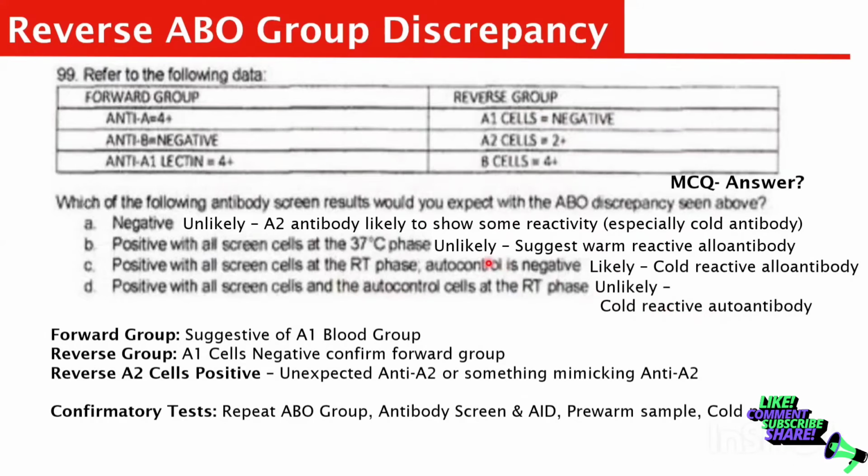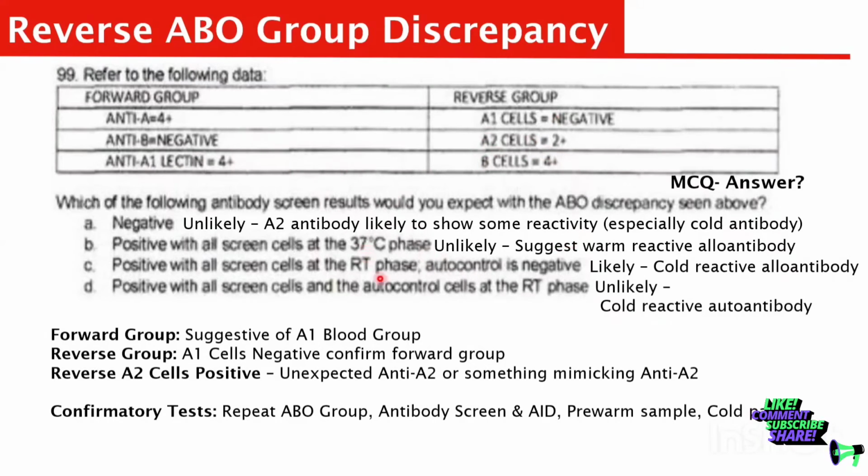Okay, so like I've said, the reason why I'm going with C is the fact that I strongly believe that this anti-A1 lectin has confirmed that this person is blood group A1. Okay, and if that is the case, A1, if you do the auto control, is going to be negative because it's not going to have antibody A2.